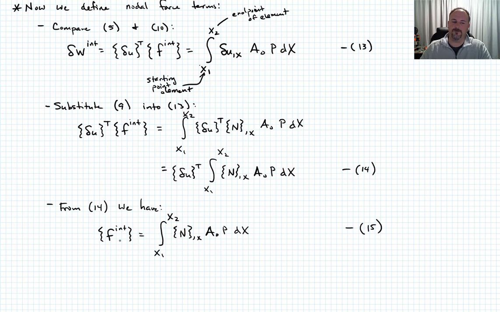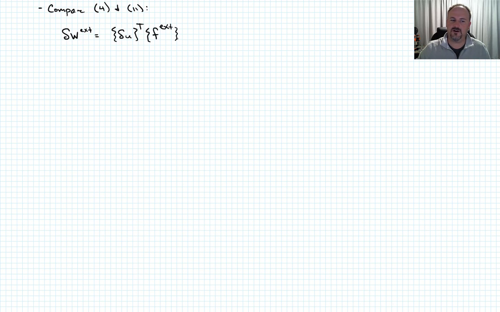Okay, so there's one. Now we're going to do this again. Now let's compare 4 and 11. If we do that, I can write the external virtual work is equal to delta U transpose times the external force vector, right?